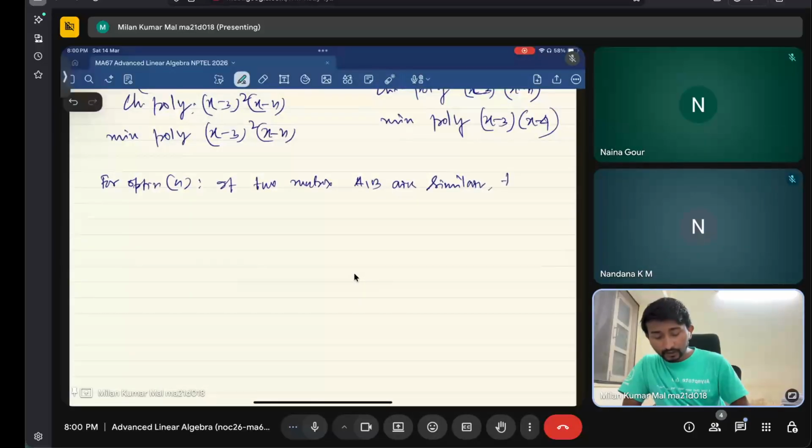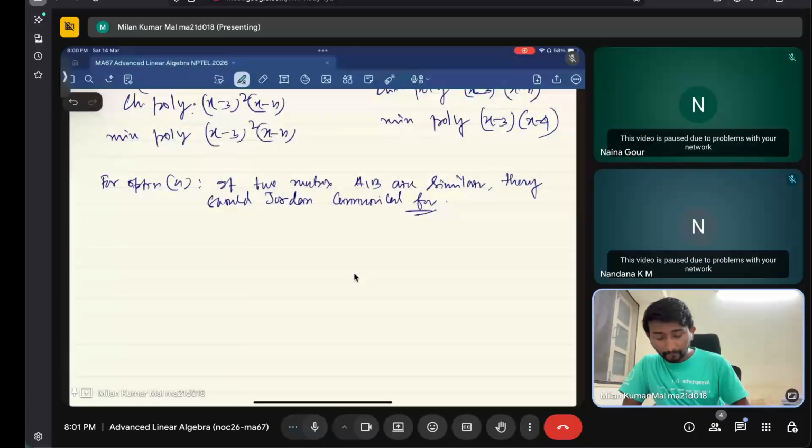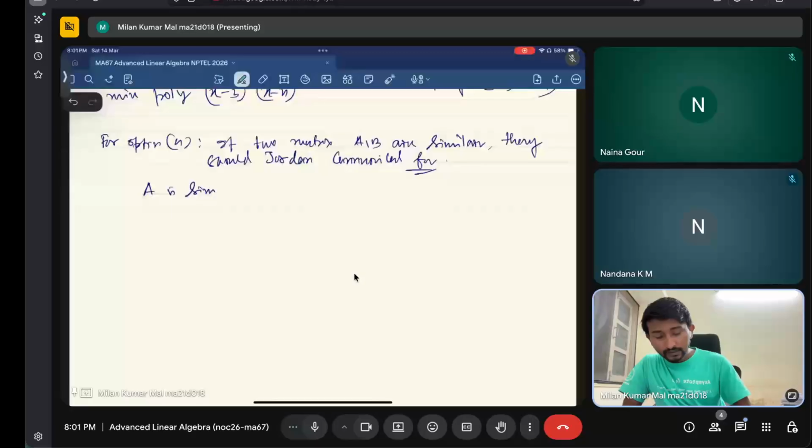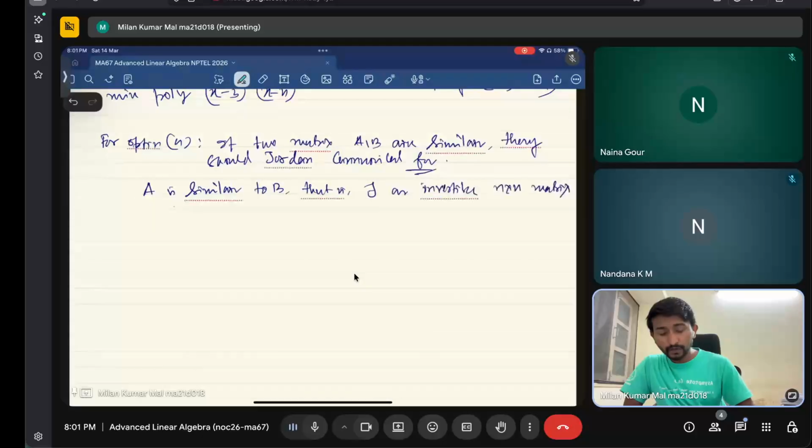If A is similar to B, that is, there exists an invertible n by n matrix P such that A equals P inverse BP.